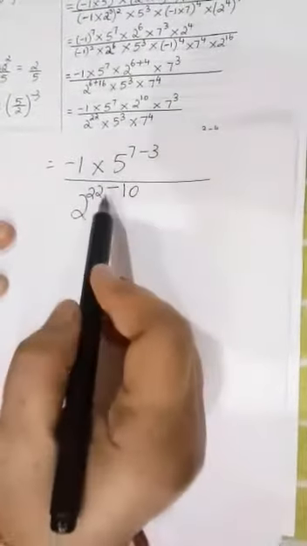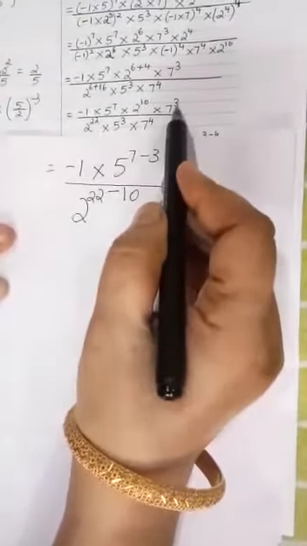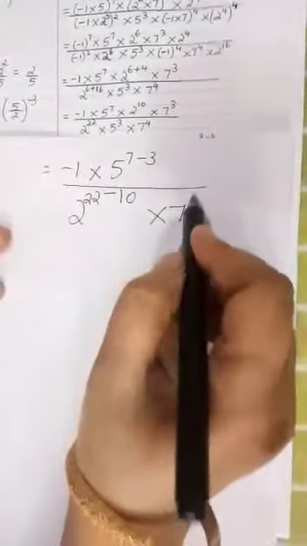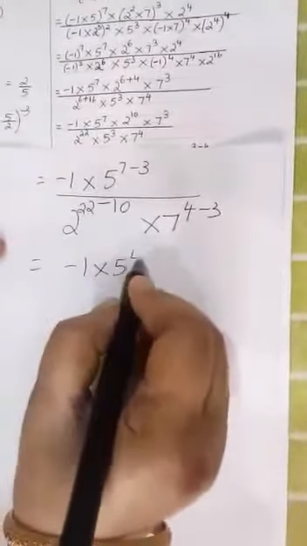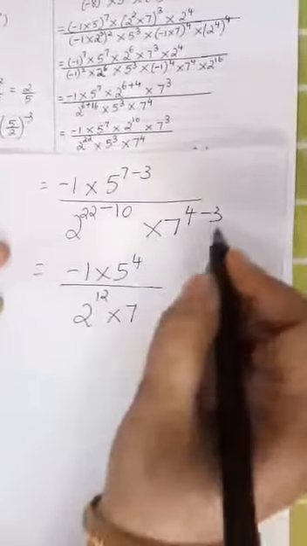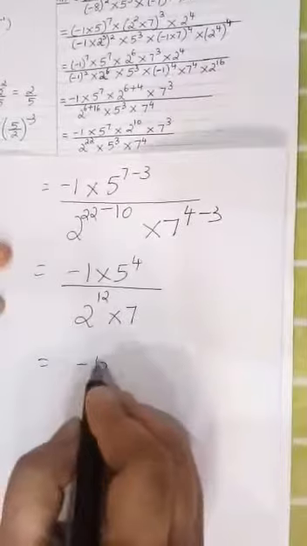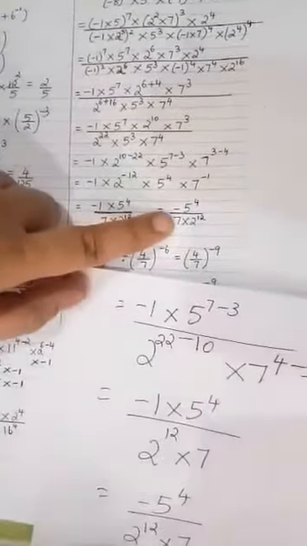So it's traveling down as minus 10. Again 7 cubed, 7 power 4. 3 is smaller. So let 7 power 4 remain in the denominator. Let 3 travel down to the denominator as minus 3. You could also do this. So this will give you minus 1 into 5 to the power 4 divided by 2 power 12 into 7 to the power 1, which is 7, by 2 to the power 12 into 7. This is what we got earlier also.